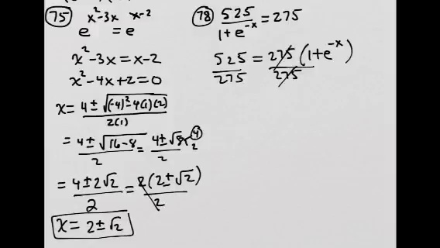So I can reduce it by 25 and I get 21 over 11 equals 1 plus e to the negative x. I'm going to subtract 1. And so that means minus 11 elevenths. So that gives me 10 over 11.